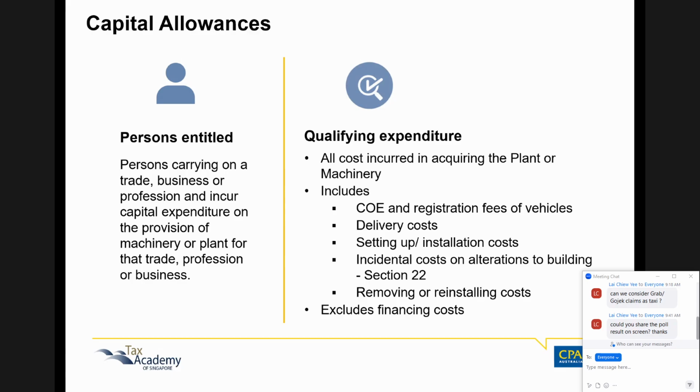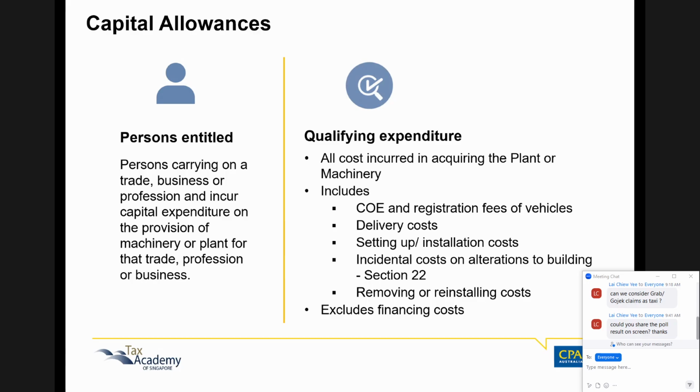So if you do alterations to the building, to the floor, in order to manage the weight of the machine, then that will be added to your cost of machinery also, that you can claim CA on. Then also removing of the installation cost. So all this, if any, will be added to your cost of that machine or plant.